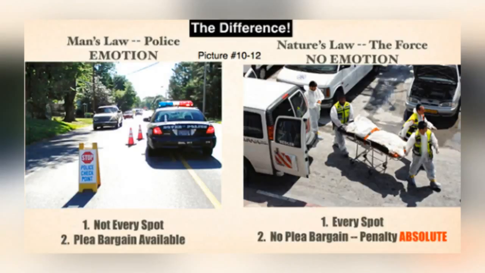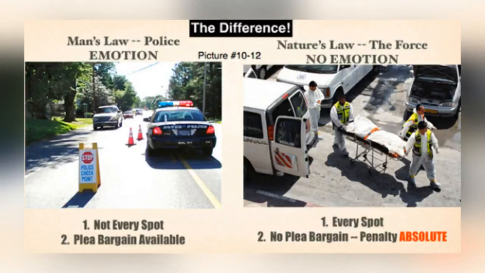Factors such as age and/or gender often are taken into account. It is also indisputable fact that a police officer cannot be on every spot of every road every second of every day. Finally, when issued a summons, traffic violation, there are opportunities to eliminate the violation and/or reduce the penalty of the violation through the plea bargain procedures. 2. The force, nature's law, differs greatly.